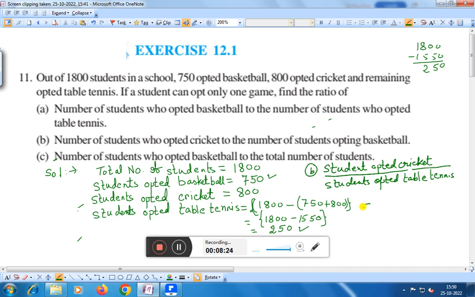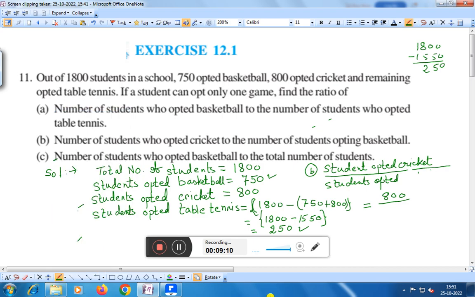That is equal to students opted cricket, 800, and students who opted table tennis is 250. Wait, not table tennis, but basketball. The number of students opted cricket to the number of students opting basketball, not table tennis, but it is basketball.